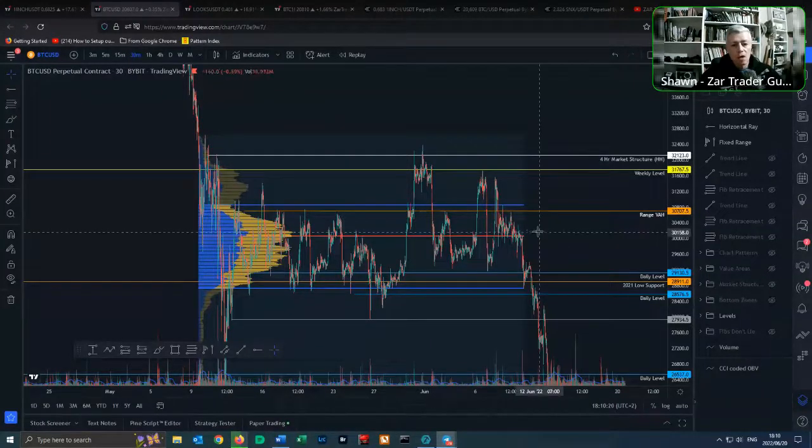Exactly. And why there's a lot of volume that's been transacted here is because when people enter at the middle of the range, let's say they took a long here, and all of a sudden the price went down to the value area low, their position at this point was in deep trouble. So they might have held that position and hoped for it to come back to the entry point, which might have been at the middle of the range.